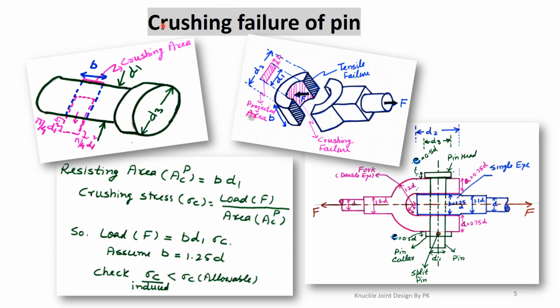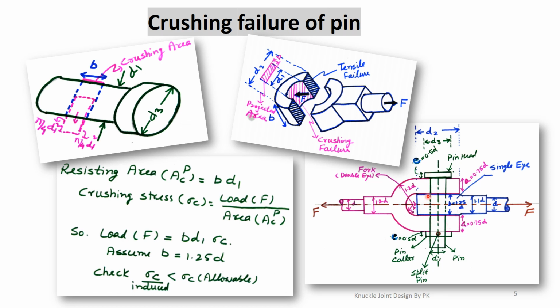The next failure is the crushing failure of the pin. The pin can also fail in crushing mode. Let us see this assembly of the knuckle joint. This green color part is called the pin. To find the crushing failure, let us see where it is in contact with the single eye.